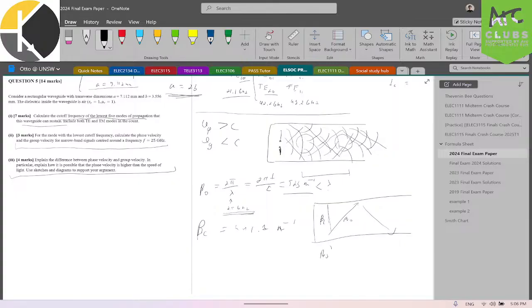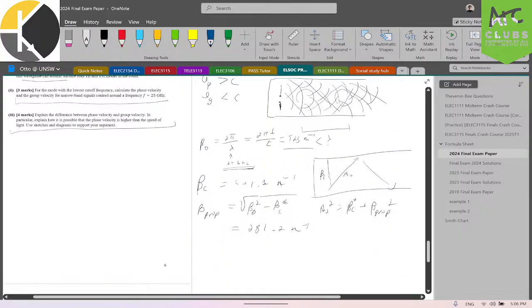So beta naught squared is just beta critical squared plus beta in the waveguide, beta propagation, squared. So you can find the propagation beta. It's just the square root of beta naught squared minus beta c squared, which is equal to 281.2 inverse meters. And this is always going to be smaller than beta in free space, because the phase velocity is always going to be bigger than in free space.